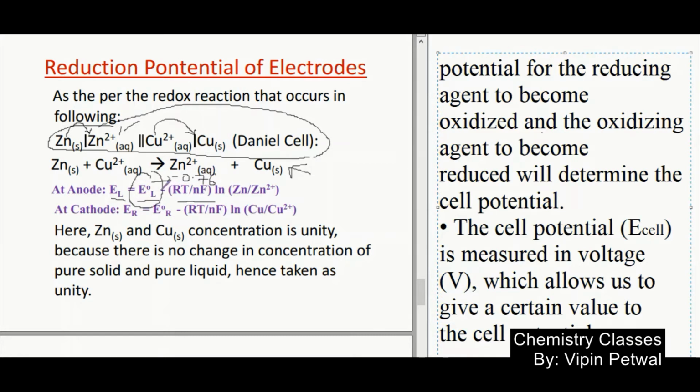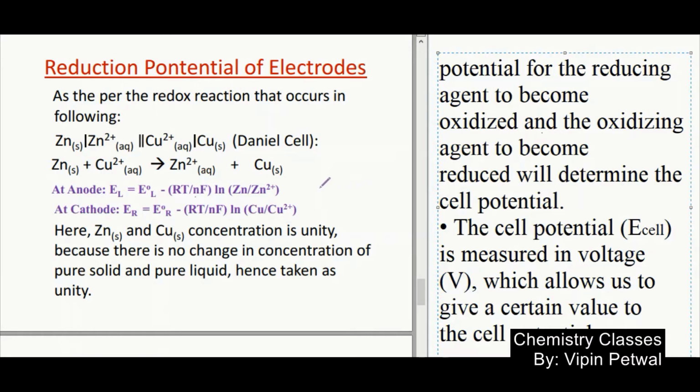Okay, and we must use here this expression to determine the whole concept. Okay, so here this EL means reduction potential of left half cell equal to E naught L, okay, minus RT and F. N is what?